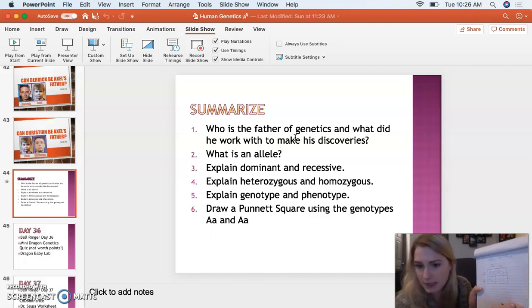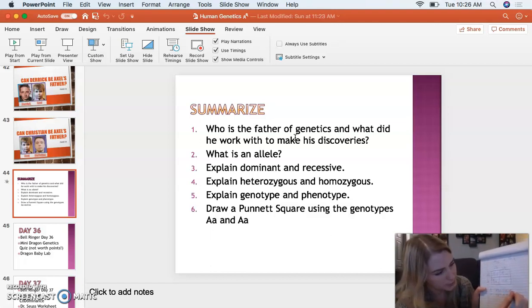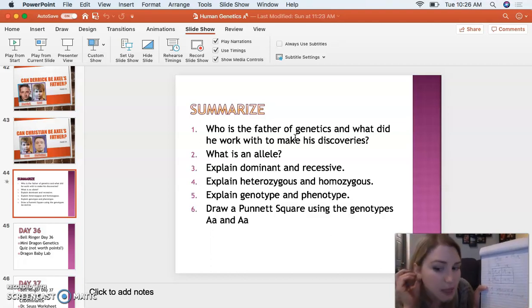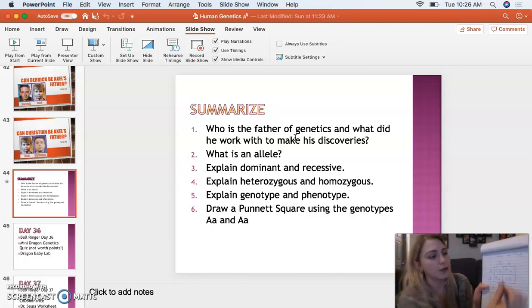So in the end, let's say that the A is over ear shape. So this is attached earlobes, and this is not attached. My earlobes kind of flop down, and an attached earlobe is going to be connecting and kind of go right into the jaw. So I have dominant, dominant, dominant.